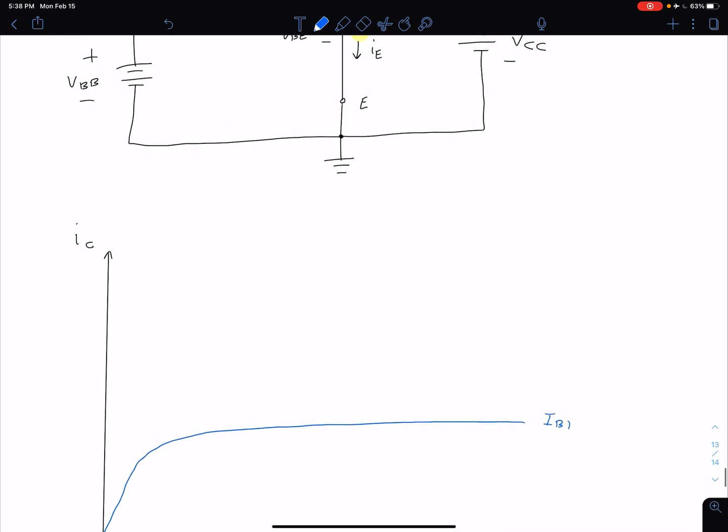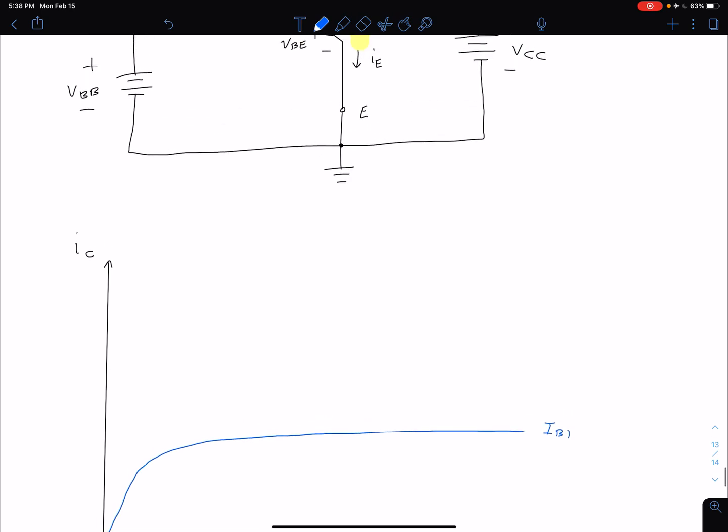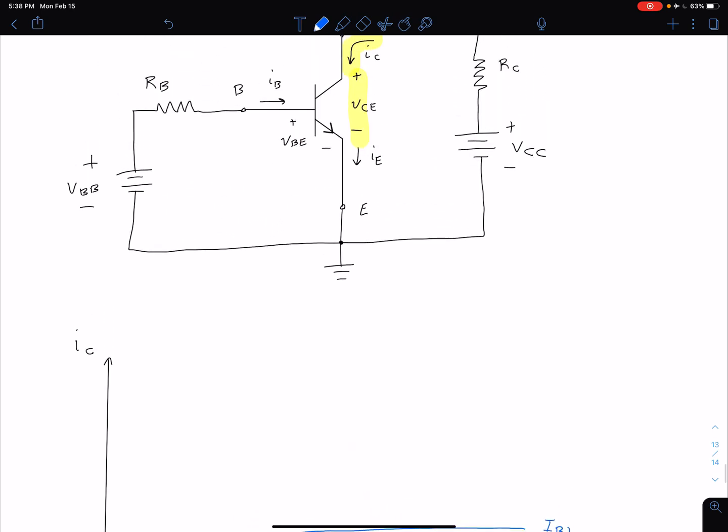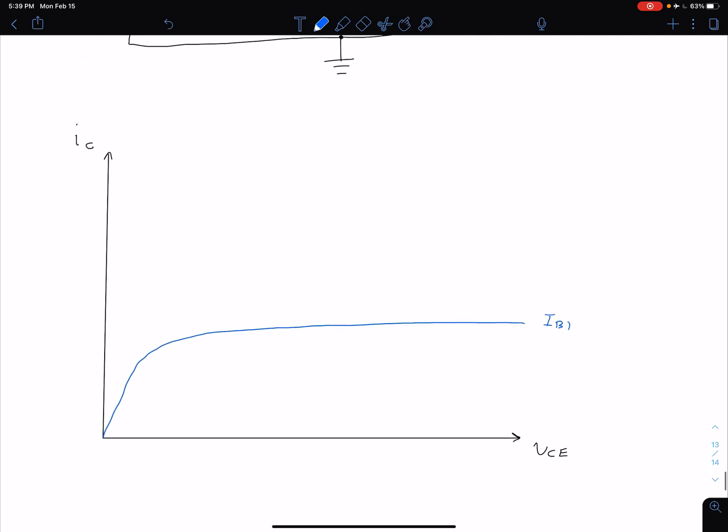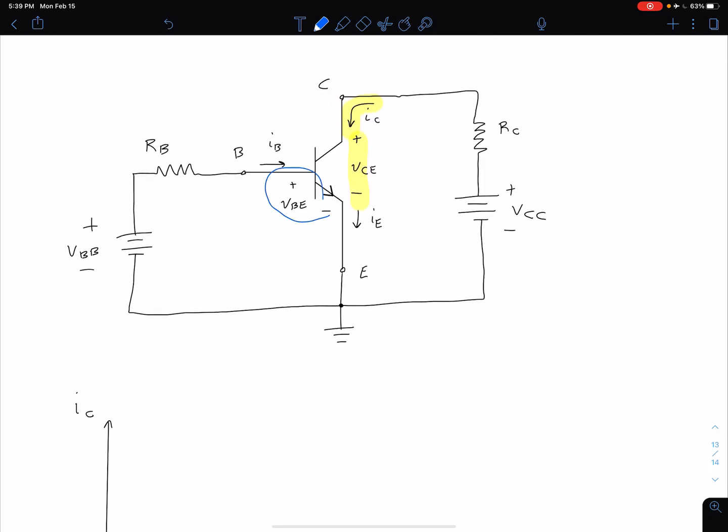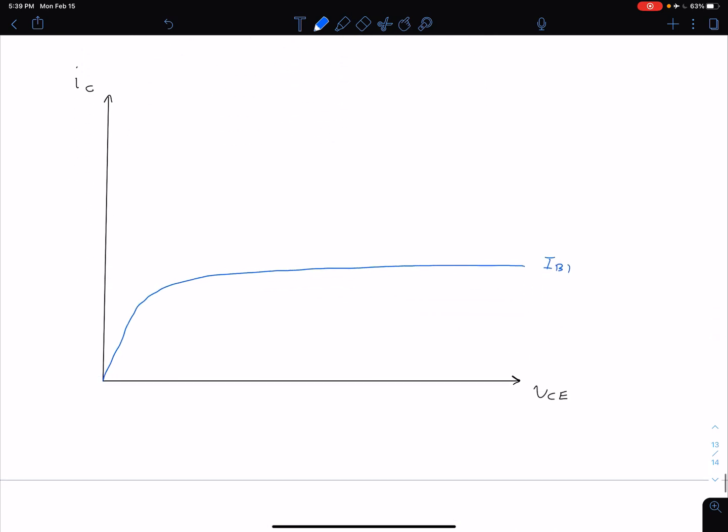So this blue curve is for a particular value of our base current IB. We can adjust that base current by changing the value of our VBB. If we decrease our VBB low enough, we won't have any base current because we won't be turning on this base emitter junction.